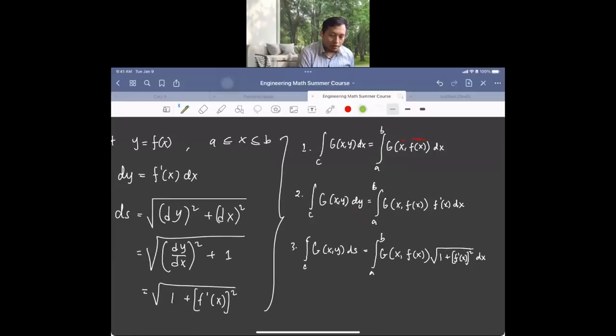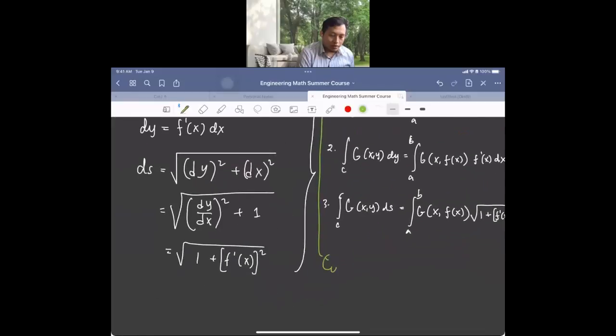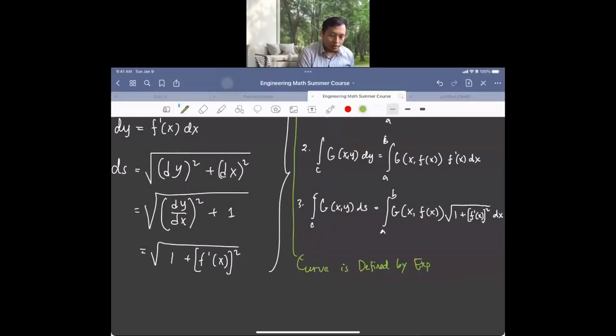So we can also have all these three statements if we have explicit functions. This is what we call the curve is defined by explicit function.